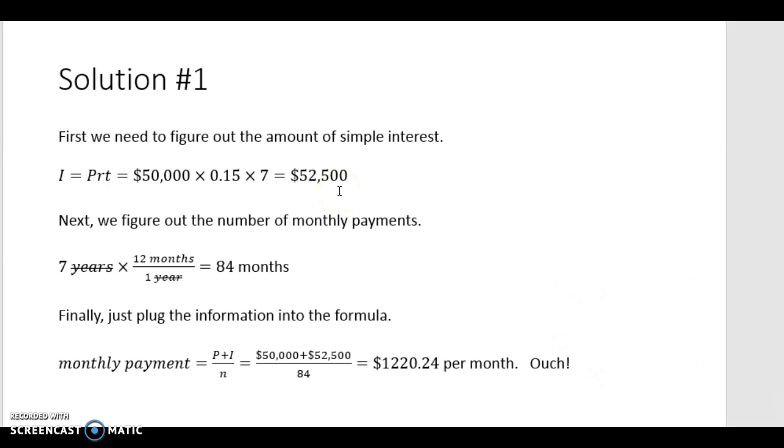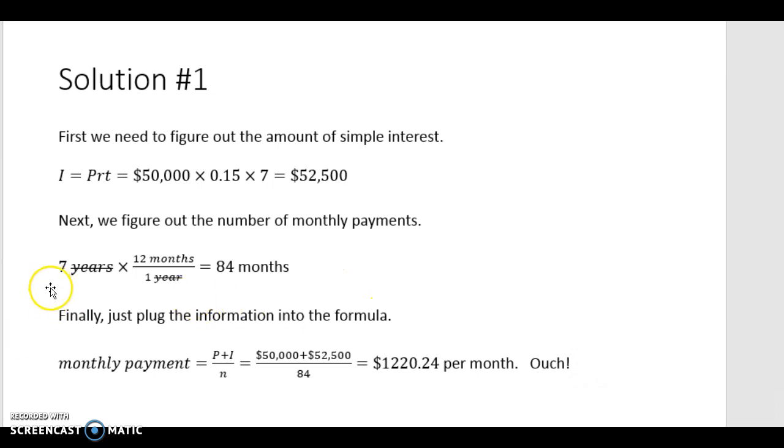That's actually more than the amount of the car. So when you're buying a car and you see an interest rate around 15%, and they try to talk you into that 7-year loan, realize that you might end up paying more than what the car is worth just in interest.